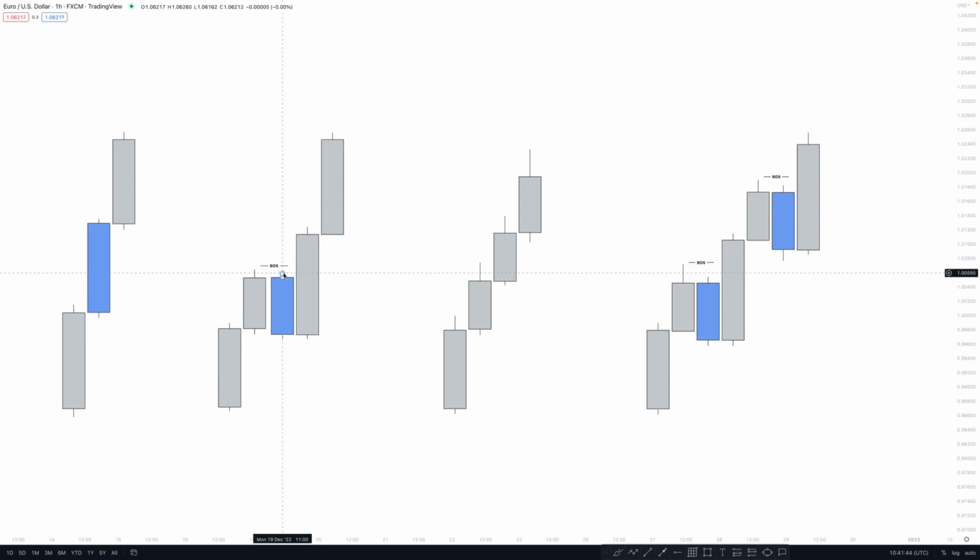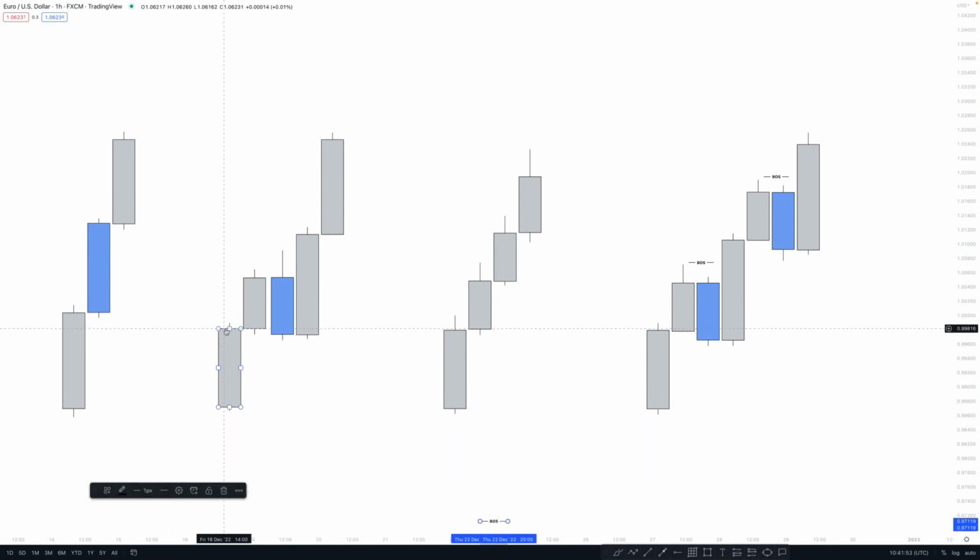If, for example, this candle's high was like this, it would not be a break of structure. This would be all one big uptrend, even though this candle is a bearish candle. As I said, the color of the candle is not important. This would be an uptrend with no retraces in momentum.